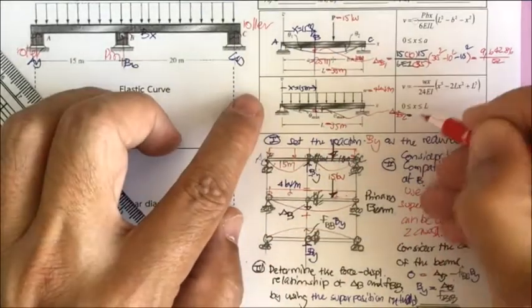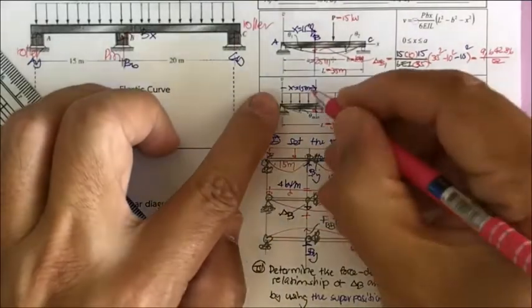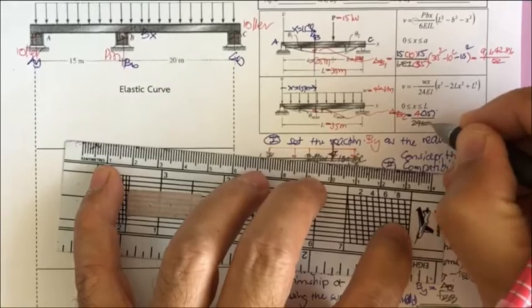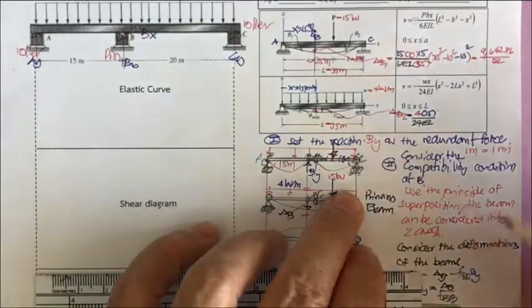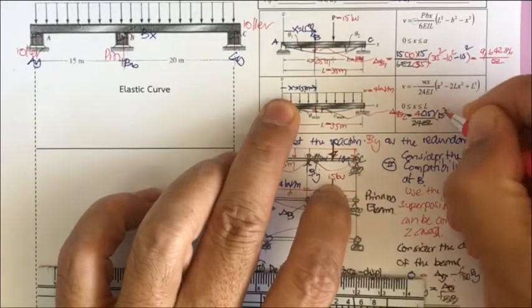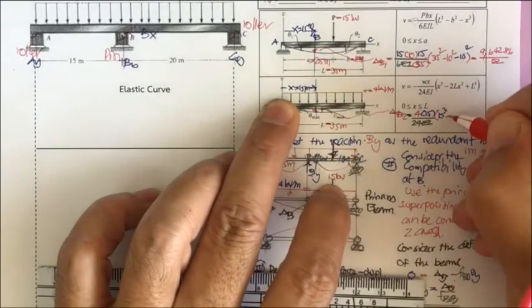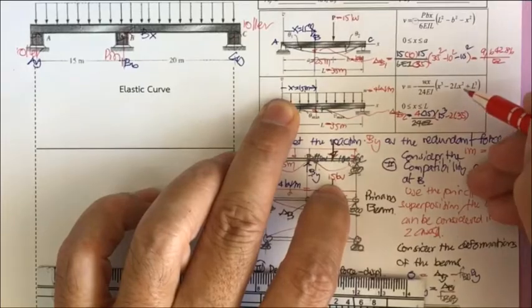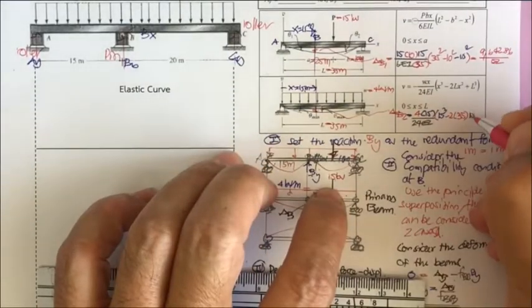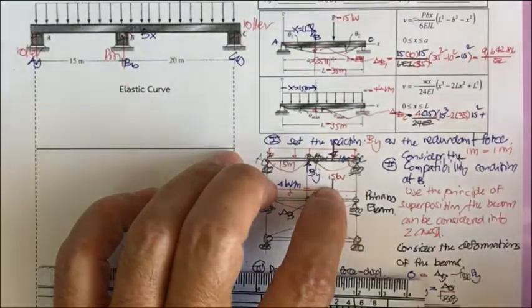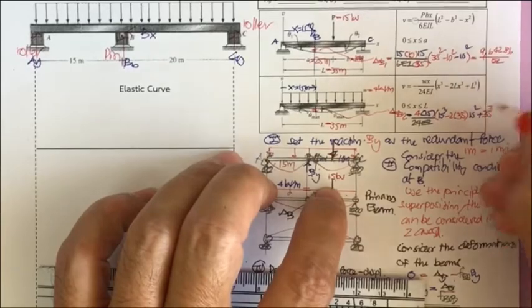It is going to be W times X divided by 24 EI, and in the parentheses X cubed, so it's going to be 15 to the power 3, and minus 2 times L, 35, times X squared, that's going to be 15 squared, and then plus L cubed, so it's 35 cubed.